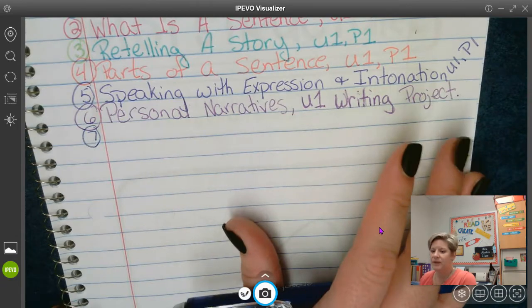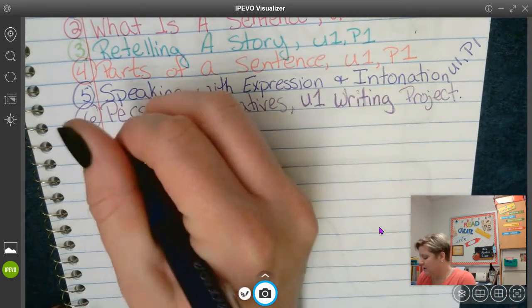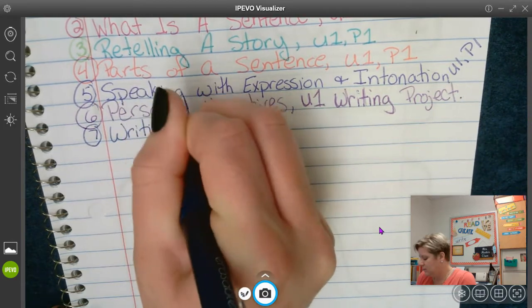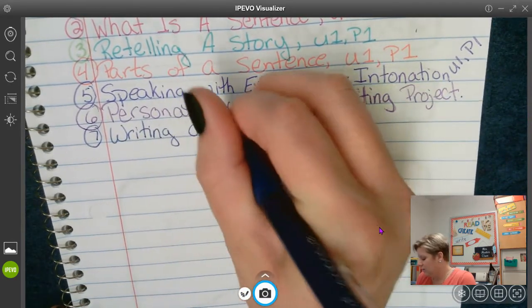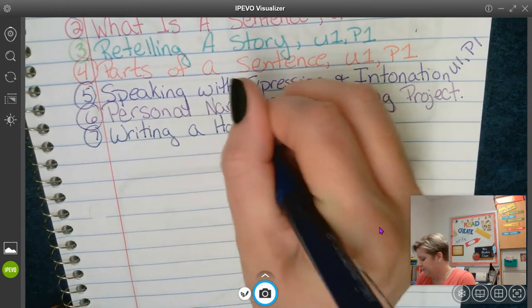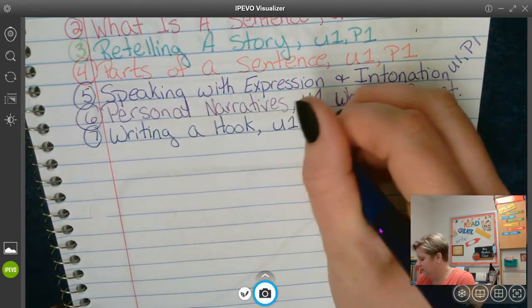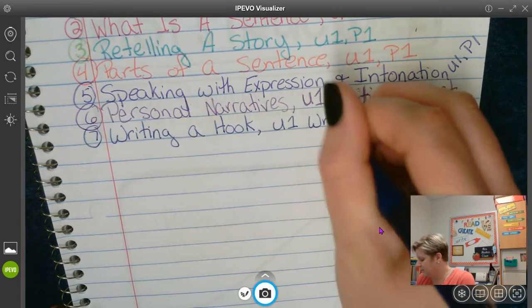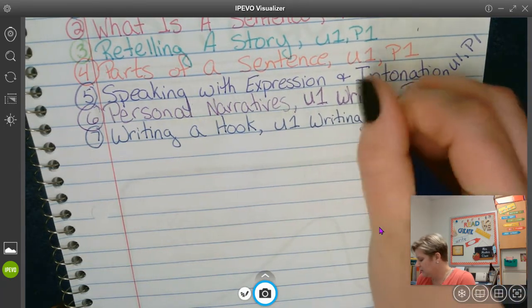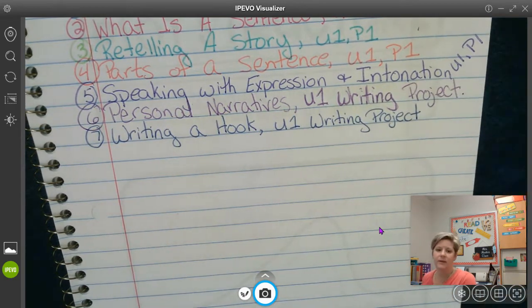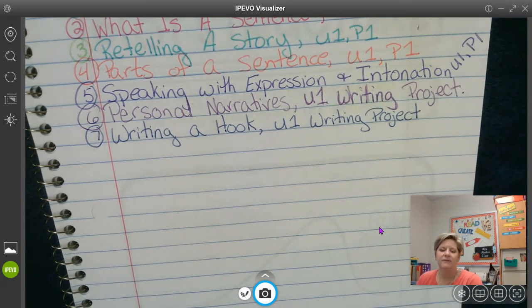And today we are going to talk about writing a hook. And this is still part of our Unit 1 writing project. Okay, there we go. So go ahead and fill out your table of contents page, and then we will move on to the notebook page.